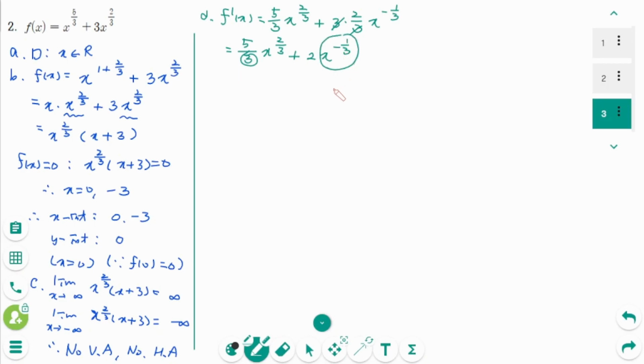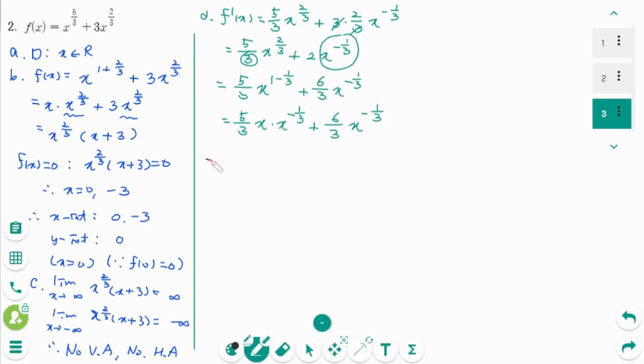But if you can't find it, you can rewrite as 5 over 3 times x to the power of 1 minus 1 over 3, plus 6 over 3 times x to the power of minus 1 over 3. Then 5 over 3 times x to the power of minus 1 over 3, plus 6 over 3 times x to the power of minus 1 over 3.